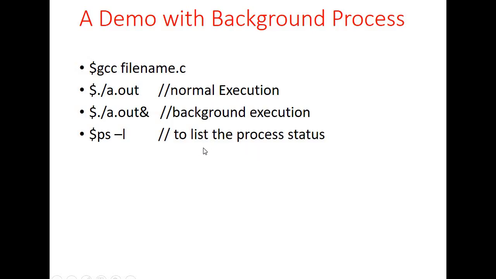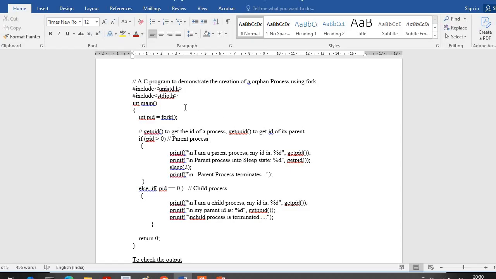In that way, we can check the status of the currently running processes. As we have made the program execute in the background, we can view the status in the foreground by using the ps -l command.